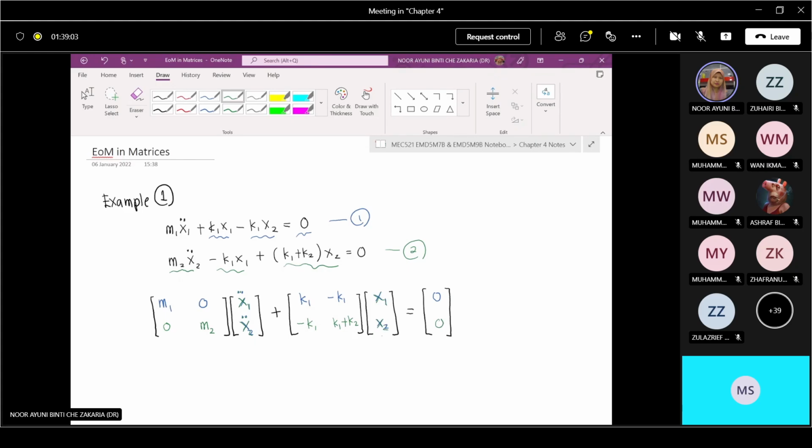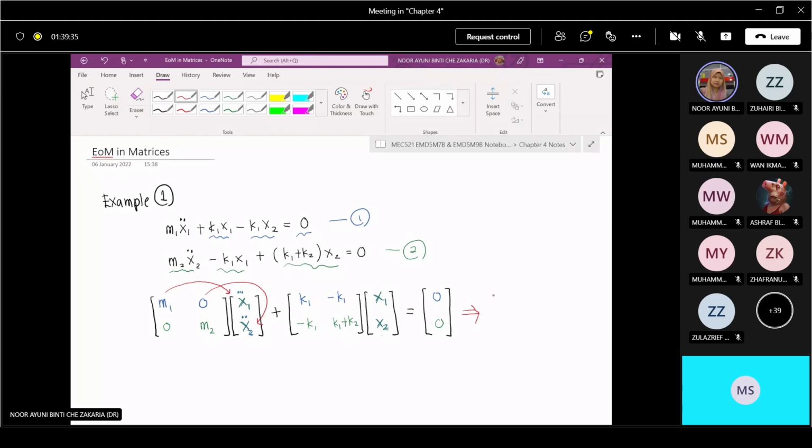If you want to check whether you built the correct matrices, expand it back. You can expand it back. Okay, let's do it with the blue one. Let's expand it back. Okay, M1 times X1 double dot plus 0 times X2 double dot.